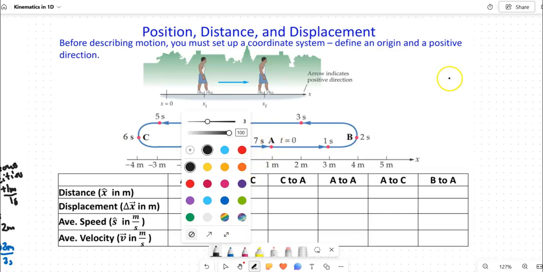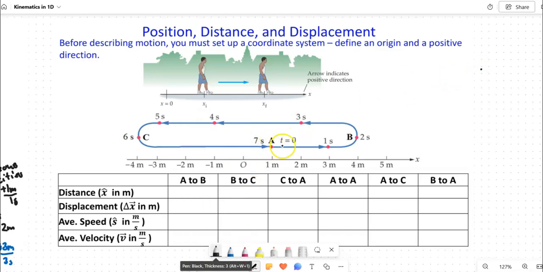So you started at A. One second later, you were at the positive 3 meter mark. At the 2 second mark, you were at the 4 meter mark. And then at the 3 second mark, you're at the positive 2 meter mark.